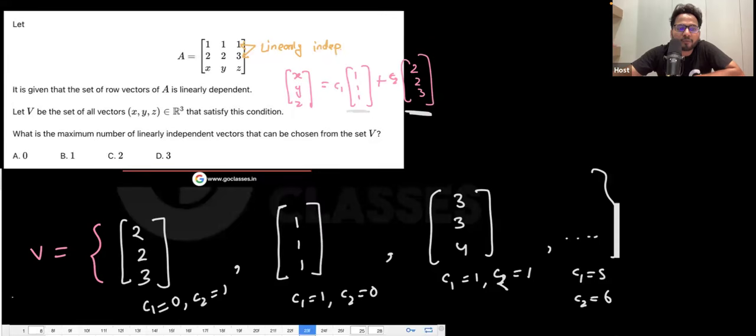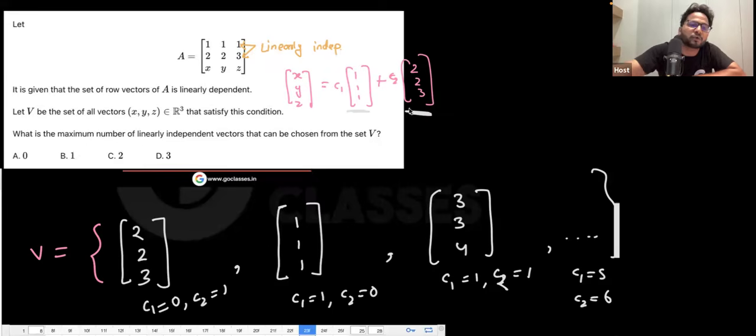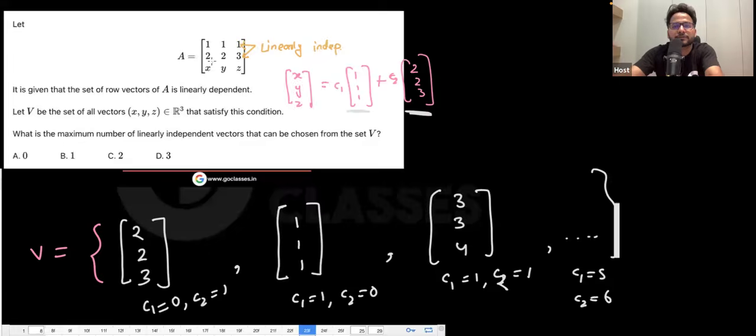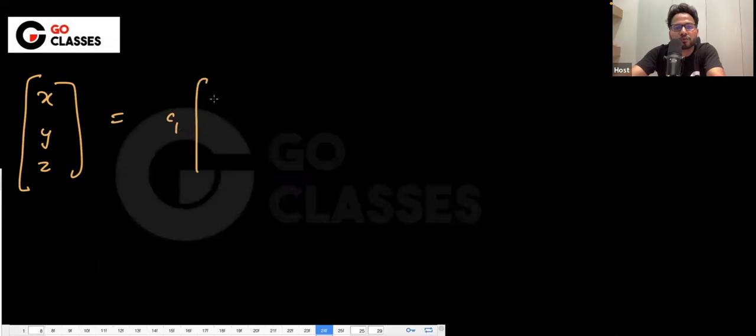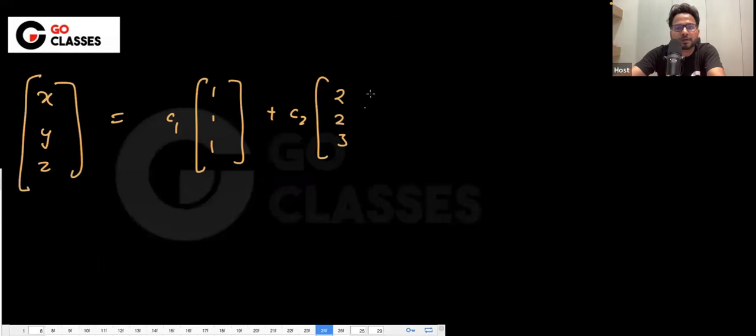Now they're asking from this V, how many maximum linearly independent vectors there are, since there are infinitely many vectors depending on the values of C1, C2. You can put any value of C1, C2. For example, x, y, z is C1 into 1, 1, 1 plus C2 into 2, 2, 3.